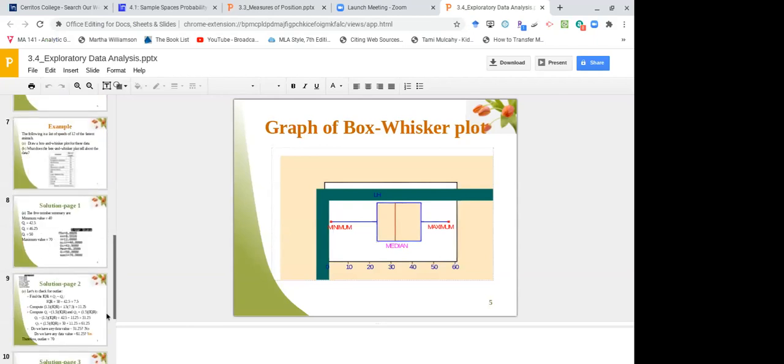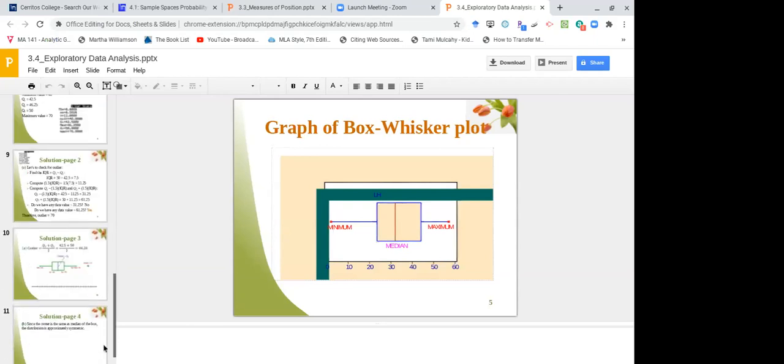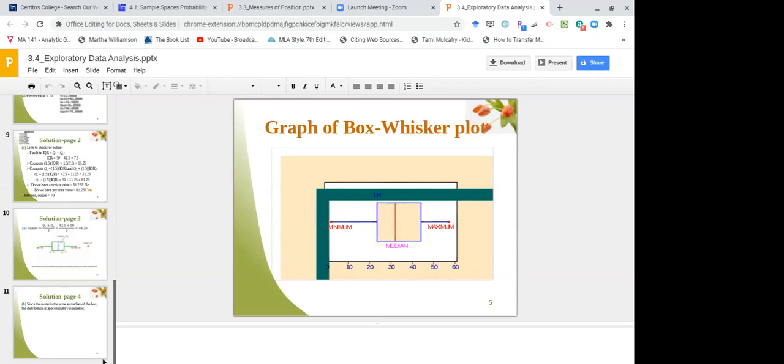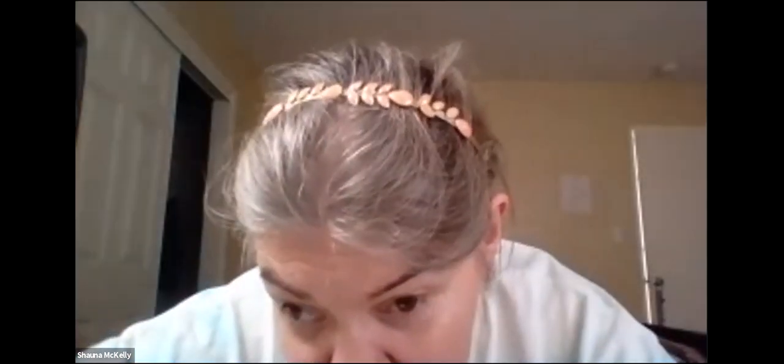So there's lots of data here for you, and you can read the slides at your leisure. If you ever have questions, you know you can contact us. The other sections that you're going to be working on, that's the end of chapter 3.